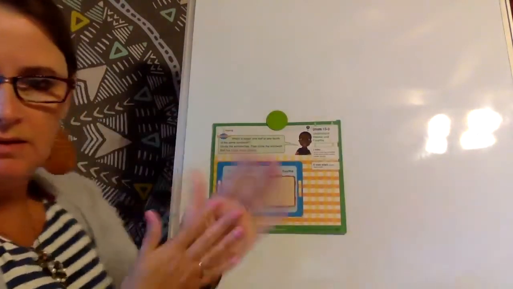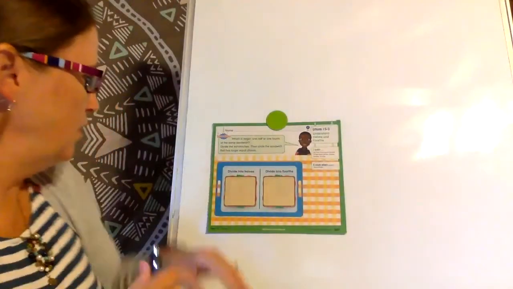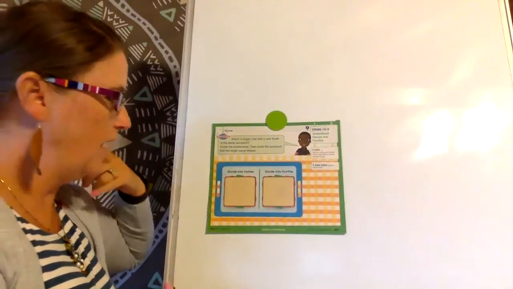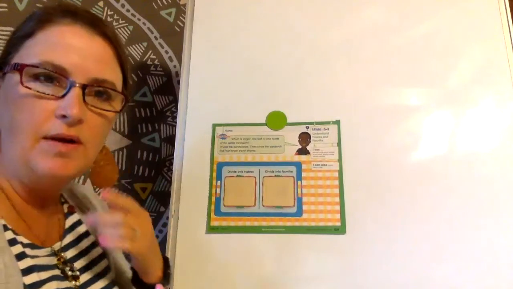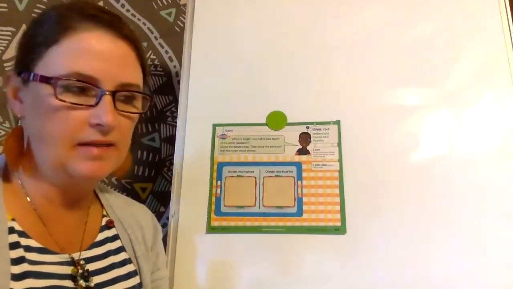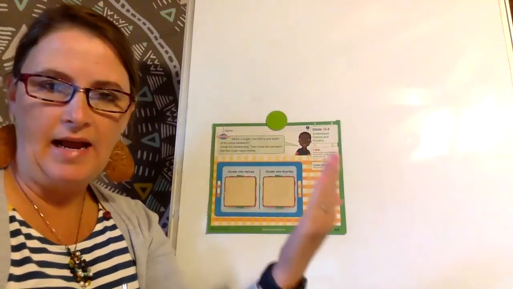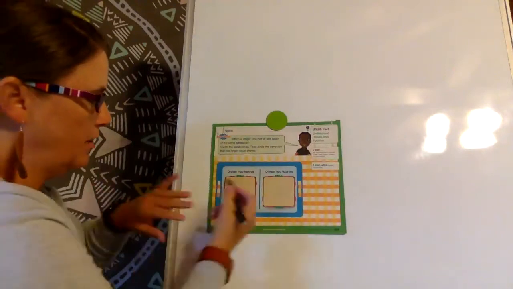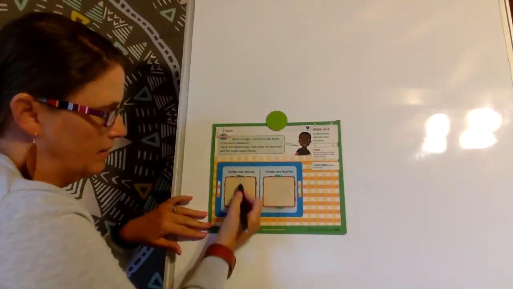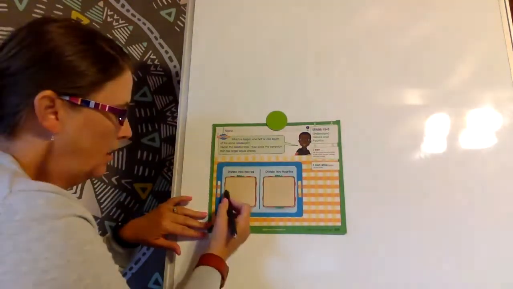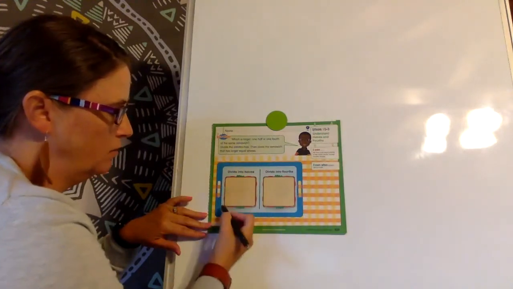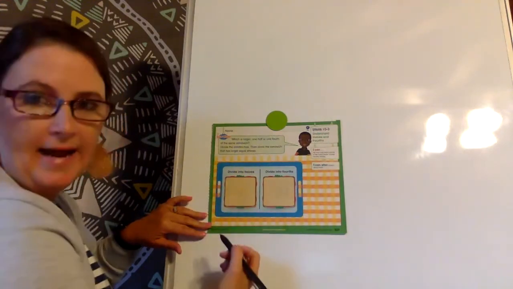And this first sandwich tells me to divide it into halves. If I'm dividing something into halves, that means I'm going to cut it or draw a line so that I have two equal sides. I could draw my lines vertical, horizontal, or I could draw a diagonal line.